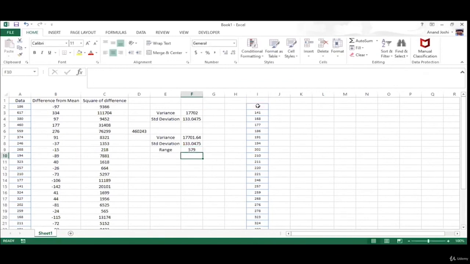Right, so you see that there is a difference when I calculate. Both serve the same purpose. Both calculate how tight the data is around the mean, but range is not giving me a clear picture. Standard deviation is giving me a clear picture because it considers each and every data point.